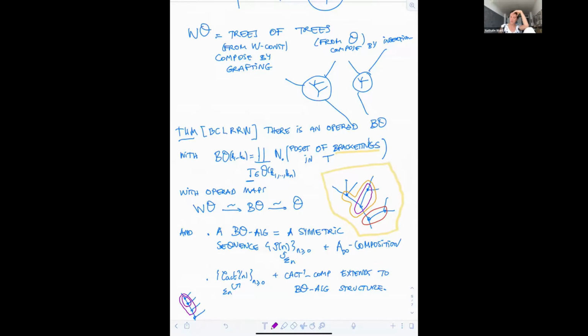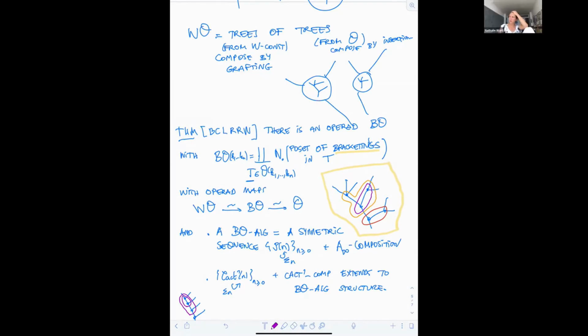Yeah, you can say. Is what I said wrong? In fact, is it not the case that a bracketing is a tree of trees? No, it's correct, right? It's a tree. Okay, and so is it not correct that the vertices of BO are trees of trees?